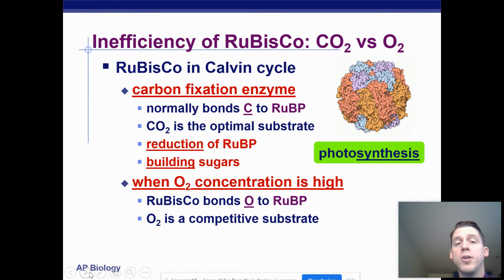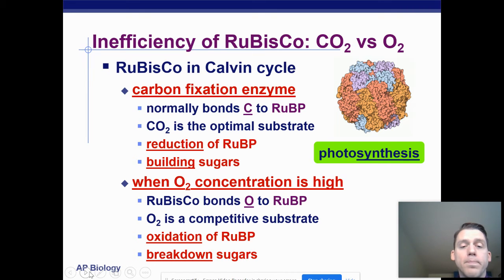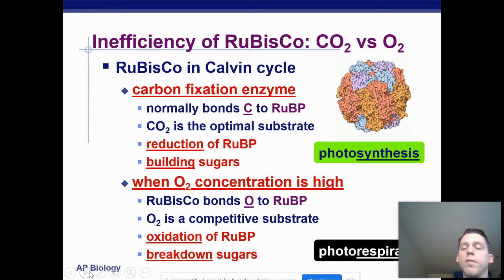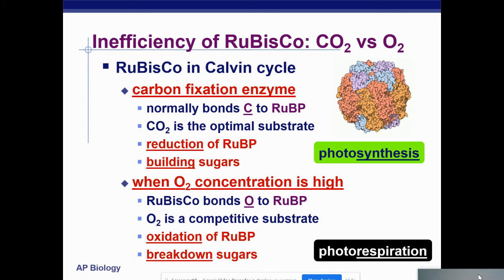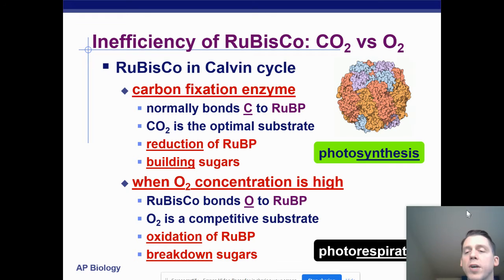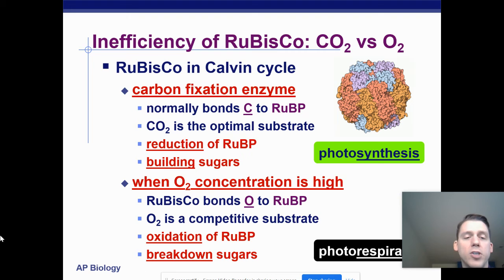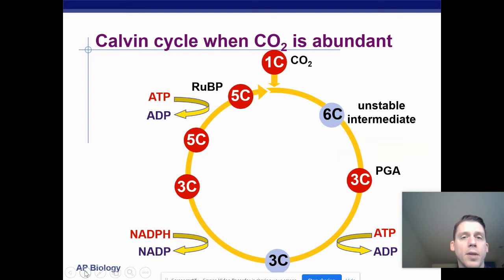So if there is too much O2 and not enough CO2, O2 is going to get fixed and not CO2. This is going to lead to oxidation. Oxidation is the opposite of reduction. So we're talking about the breakdown of the sugar and not the building of the sugar. So this is called, let me move myself so you can see that term, photorespiration. Photorespiration is not a good thing.